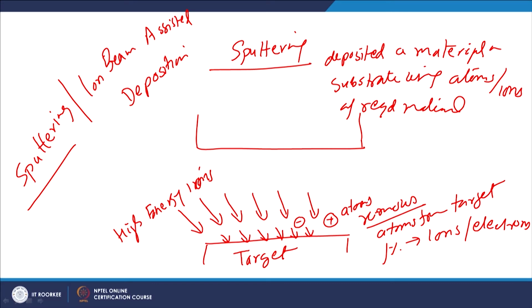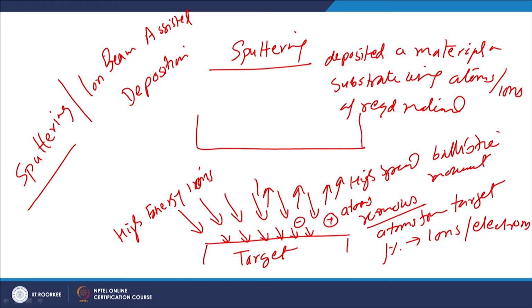Some of these atoms and ions which are coming out from the target move out from the target surface at a very high speed, just like a ballistic movement. These atoms and ions will be moving in different directions, and when they move in different directions they will be depositing here and there.